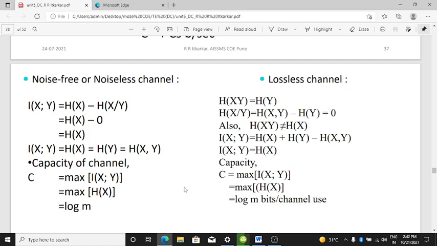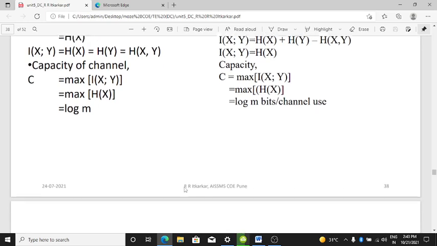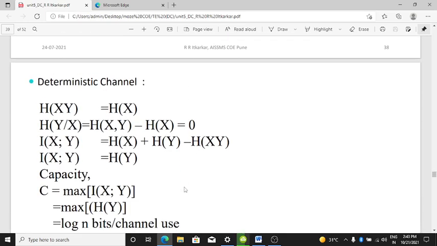Also we know H(X,Y) equals H(X). Therefore I(X;Y) equals H(X) plus H(Y) minus H(X,Y), so I(X;Y) equals H(X). Then the capacity C is the maximum of I(X;Y), the maximum of H(X), which is log m bits per channel used.